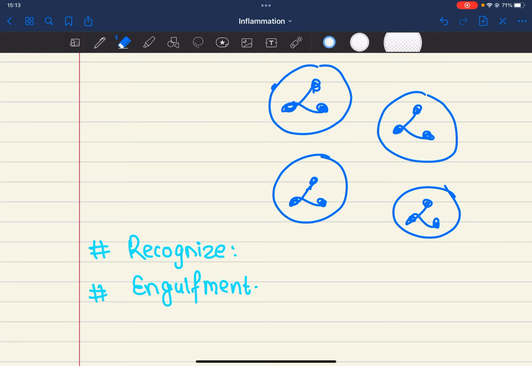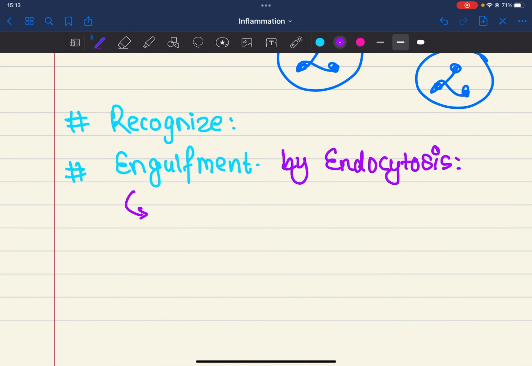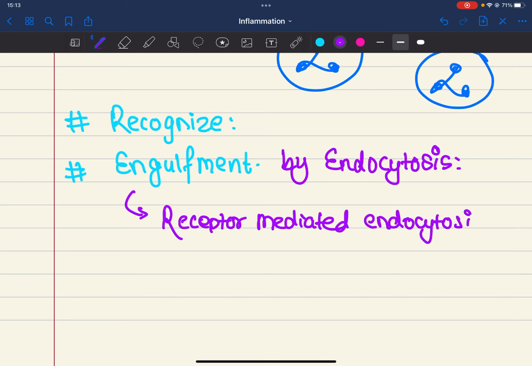As you know very well, they engulf by endocytosis, or by receptor mediated endocytosis.